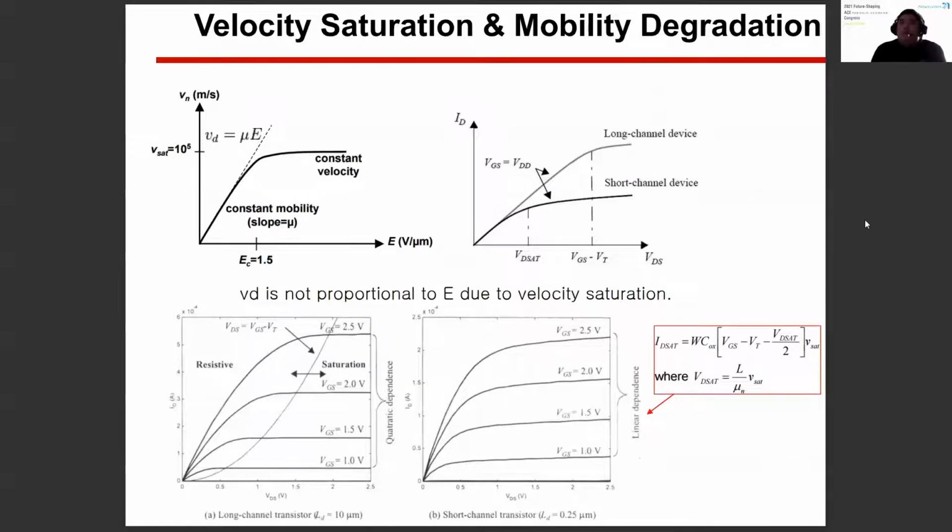Another thing we need to discuss is the velocity saturation effect. When we put a high voltage between drain and source, the flow of electrons at some point cannot be higher than in the resistive area, the triode area.